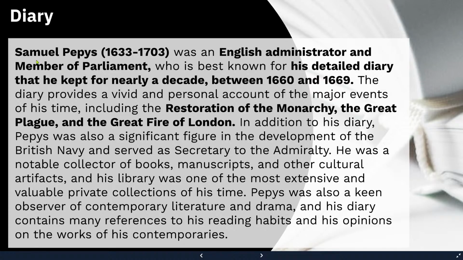Anyway, he recorded all the entries during 1660 to 1669. A couple of major events he covered were the Restoration of the monarchy, the Great Plague, and the Fire of London. And one of the interesting things that I have read is about the Great Fire of London.